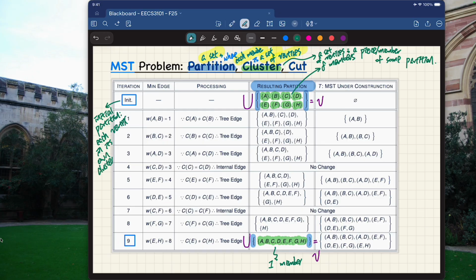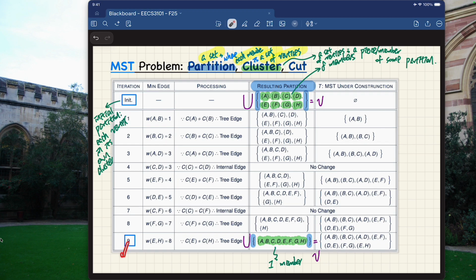You can see over here, this is the partition in the initialization stage. Vertex A is in its own cluster, and vertex B is also in its own cluster, and so on.